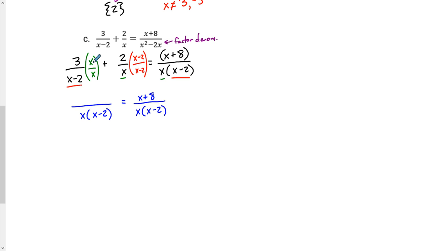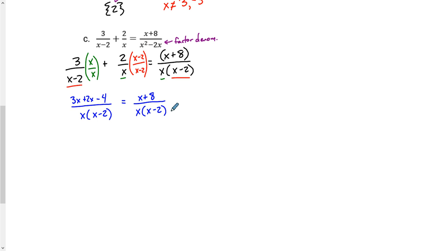This one, 3 times x is a 3x. Adding's really nice to do. 2 times x, and 2 times -2, that's a -4. Since our denominators are the same, I'm going to want to get one side equal to 0 to actually solve this.